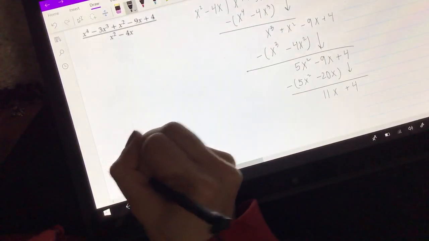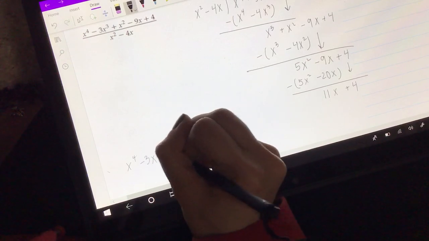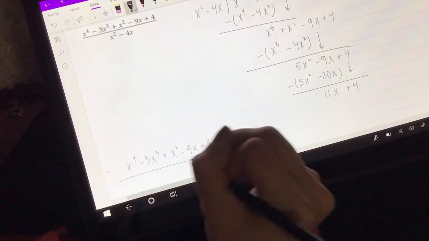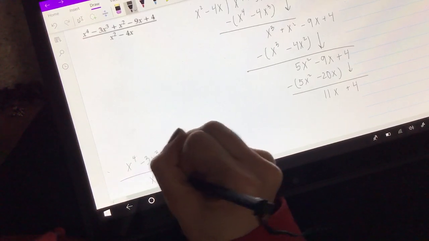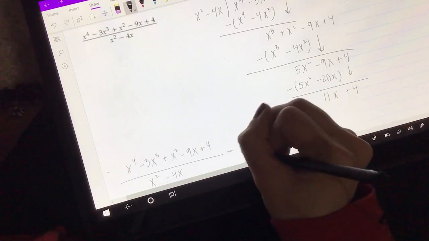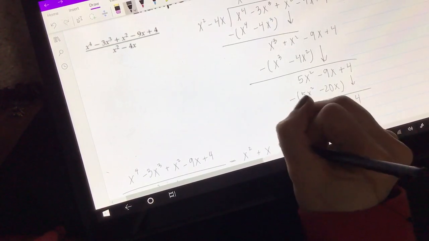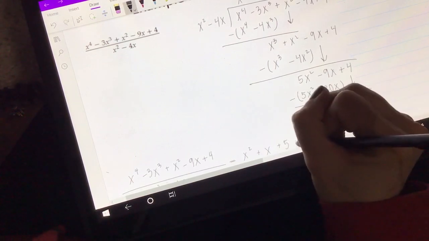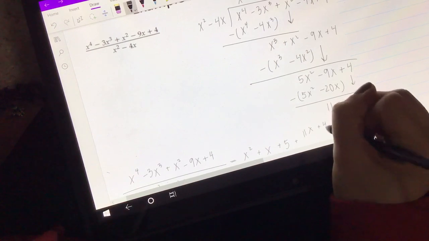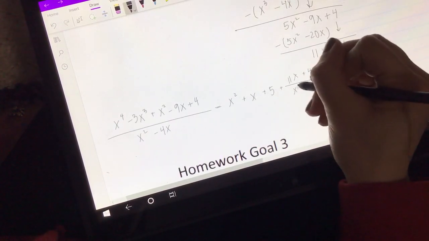We have x to the 4th minus 3x cubed plus x squared minus 9x plus 4 over x squared minus 4x is equal to x squared plus x plus 5 plus 11x plus 4 over x squared minus 4x.